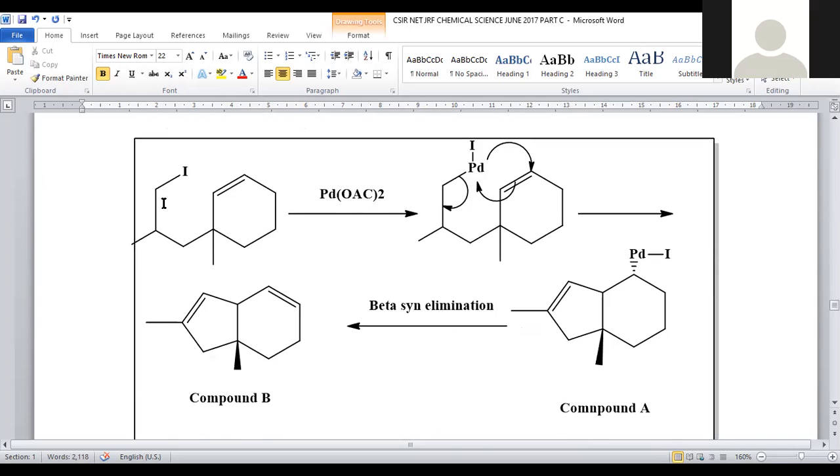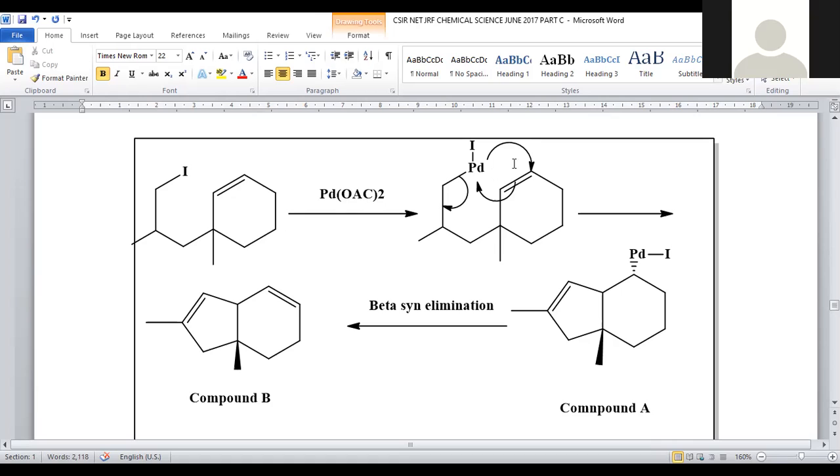We are taking a starting material where the iodo group is there. So this iodo group is added with palladium diacetate, so the palladium will be inserted in between. When palladium is inserted, what happened? We have a double bond, and this double bond participates in the ring cyclization, and this palladium will be here.